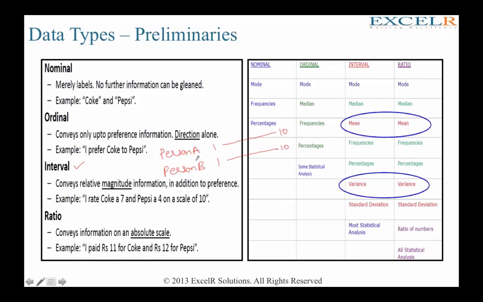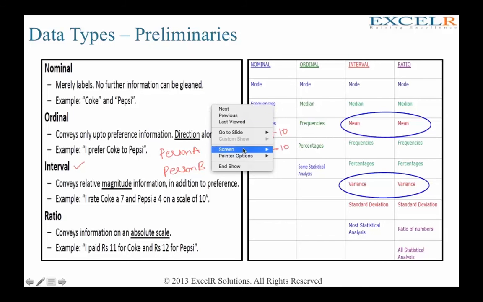Both of them like Coke equally, but person A might rate this product as 9 and person B might rate it as 7. It varies. It is based on the mindset of these people, but both of them like this particular Coke equally.